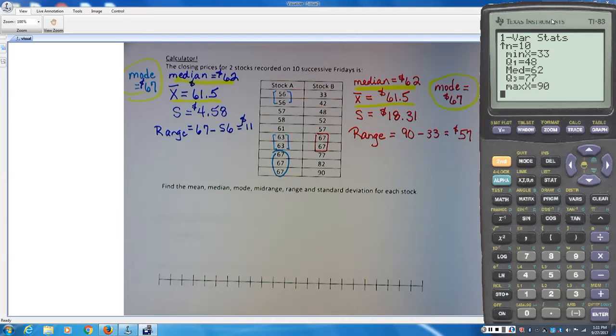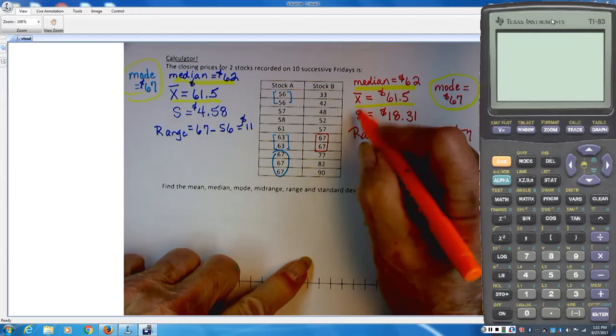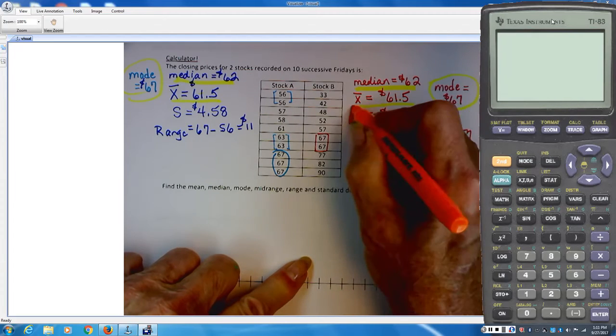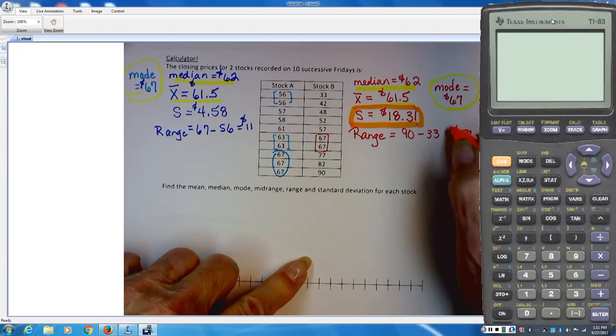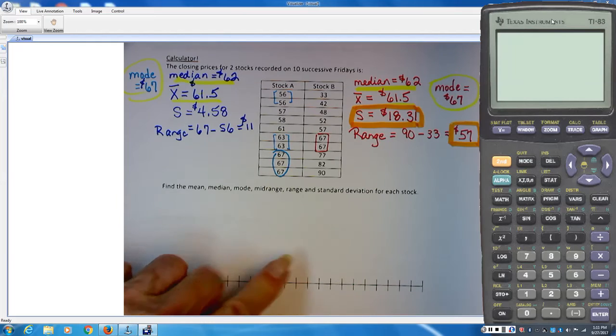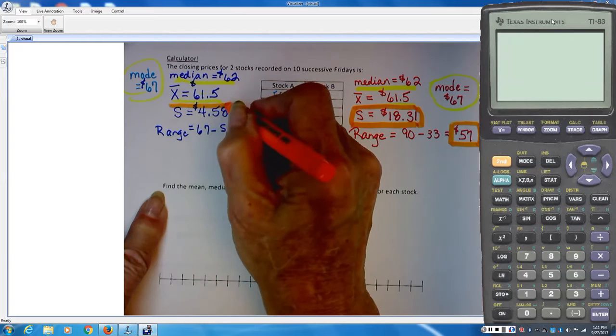Stock B is risky. And the reason stock B is risky is because it has a large standard deviation compared to stock A. Its variability is measured by its range and its standard deviation.